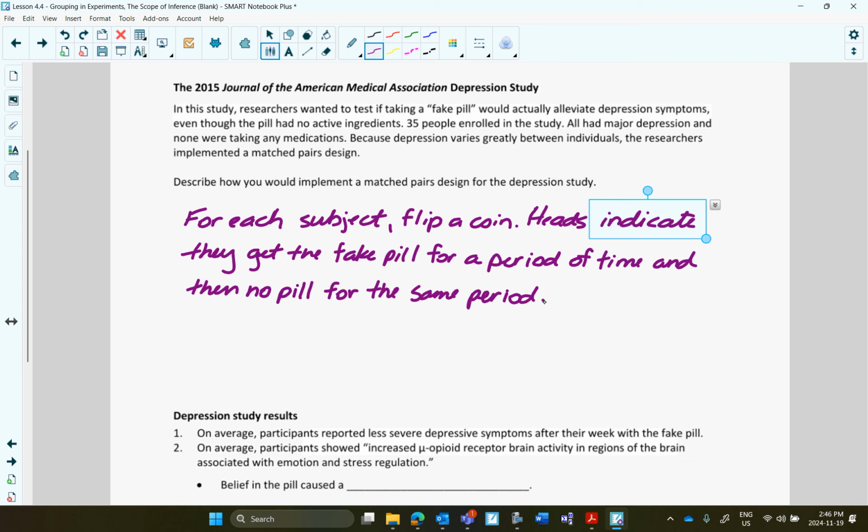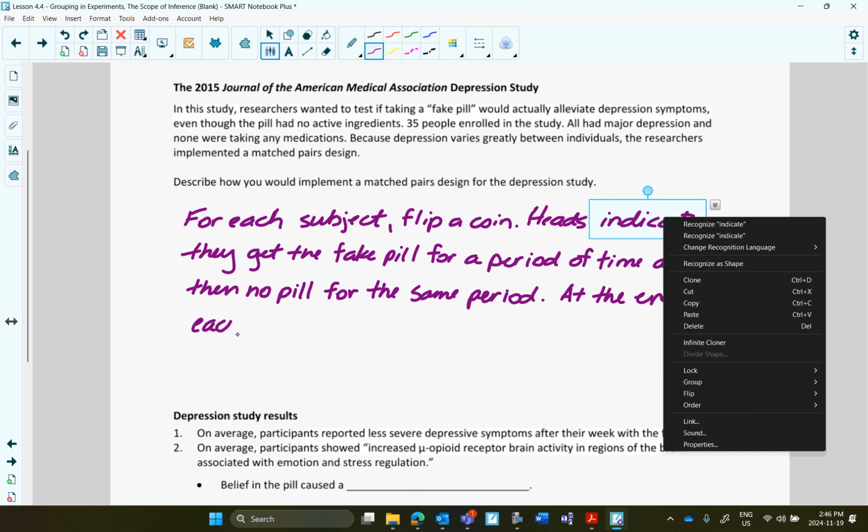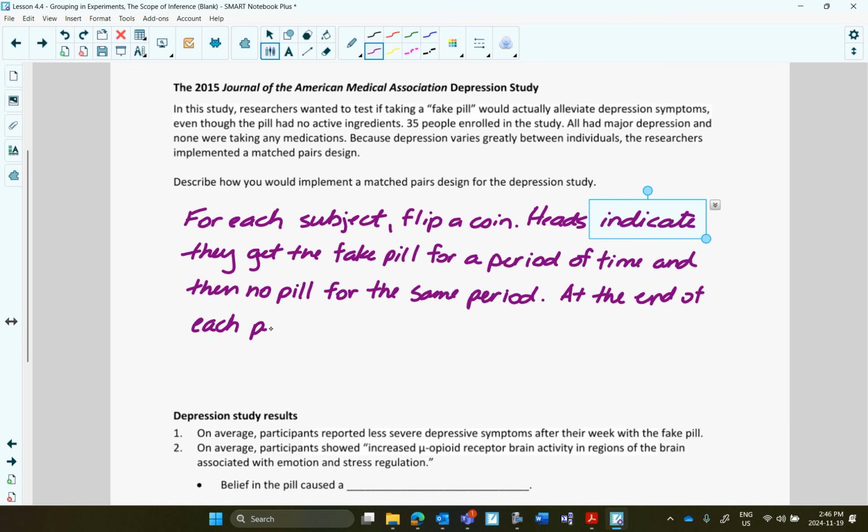So say at the end of each period, depression level is assessed.